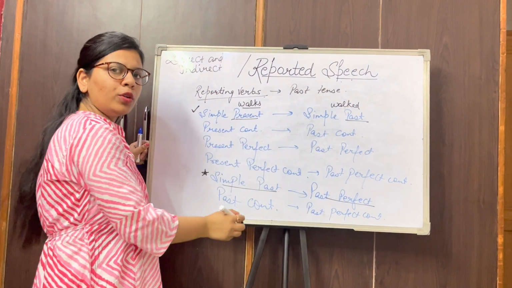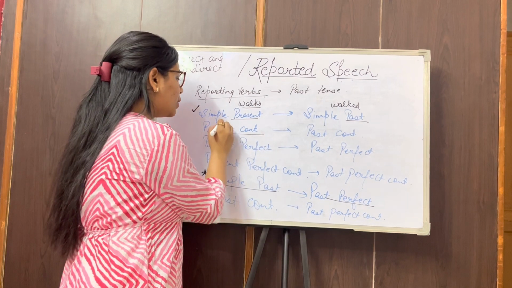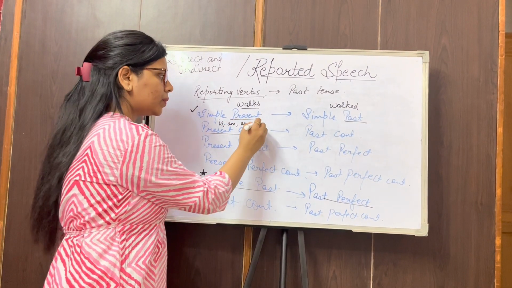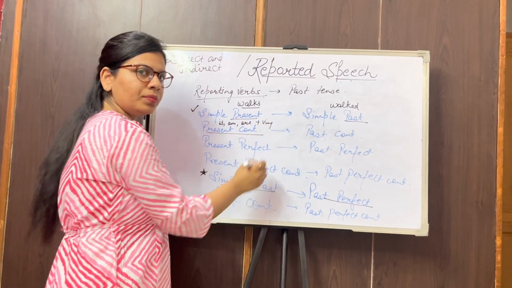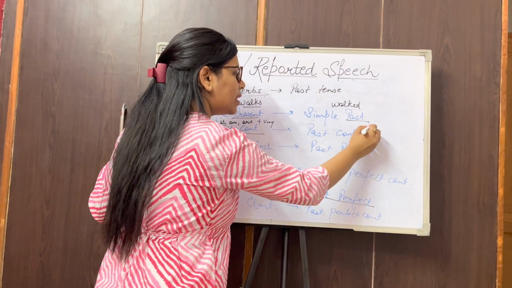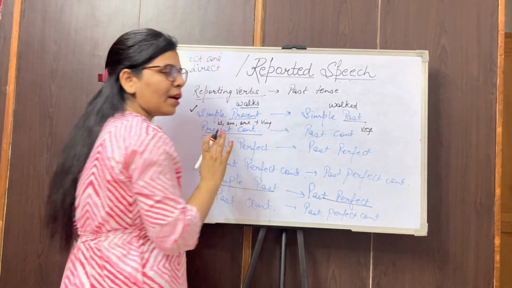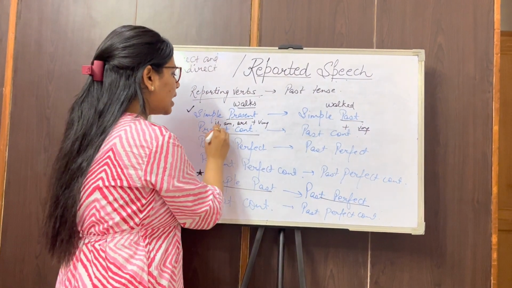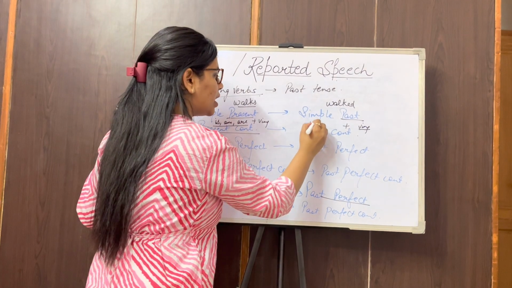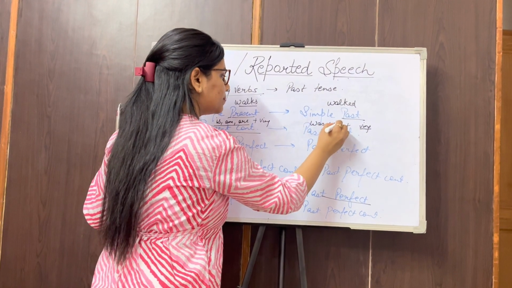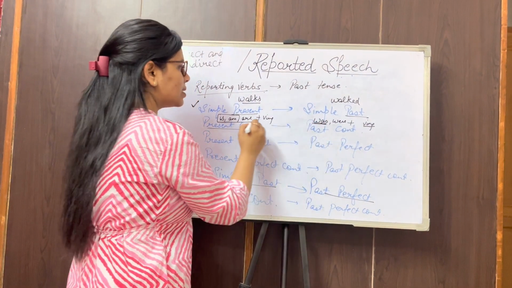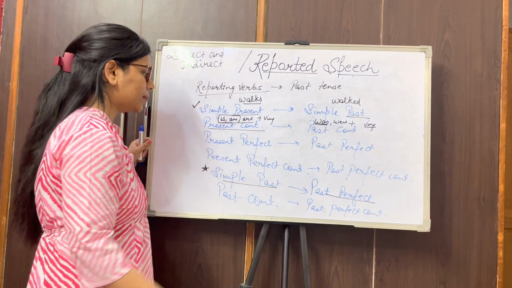When we talk about present continuous, we will be having is, am or are plus verb ing. Now that verb ing will remain same, you don't have to change anything. You only have to see that is, am, are will change to was, were. Is and am will change to was, whereas are will change to were.